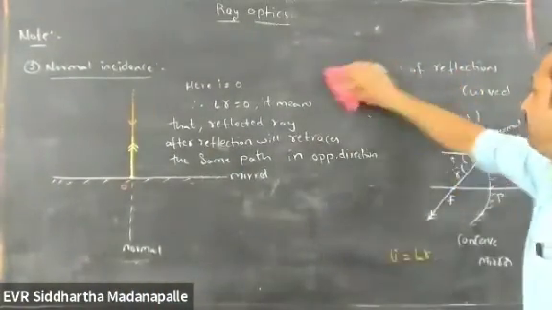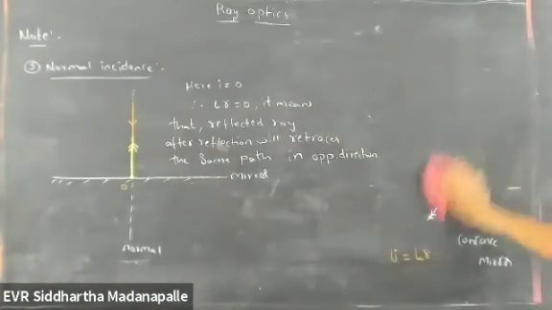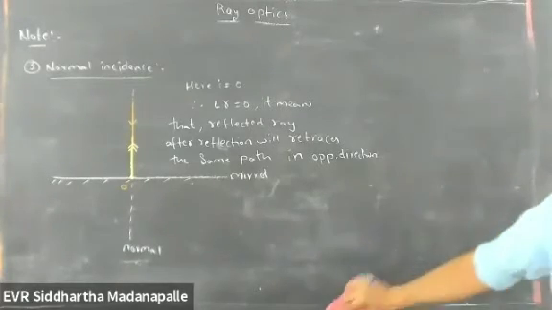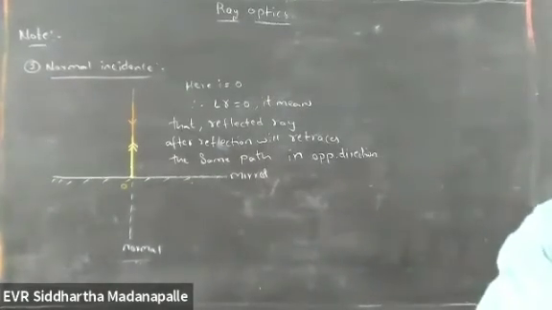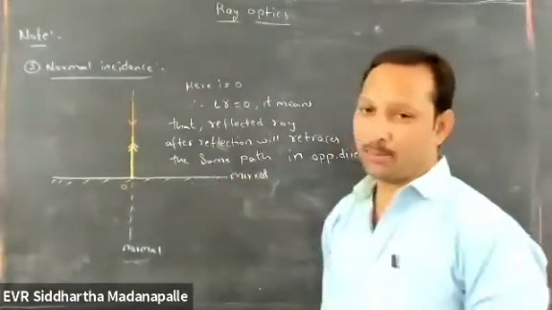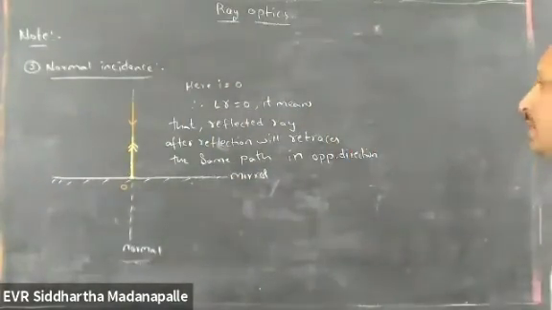Okay, so if the angle of incidence is equal to 0, then the angle of reflection is equal to 0. Angle of reflection equal to 0 means that after reflection the reflected ray retraces the same path in the opposite direction. Clear?